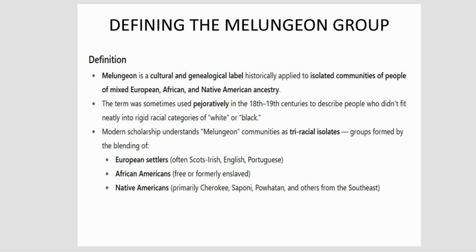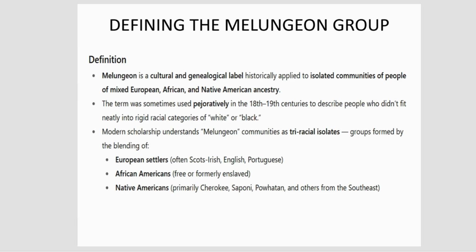All of those groups are incorporated in the European settlers. Because that's the area where they came from, it's helpful to understand that the blend is just considered European. Then African Americans, free or formerly enslaved, and the Native Americans.